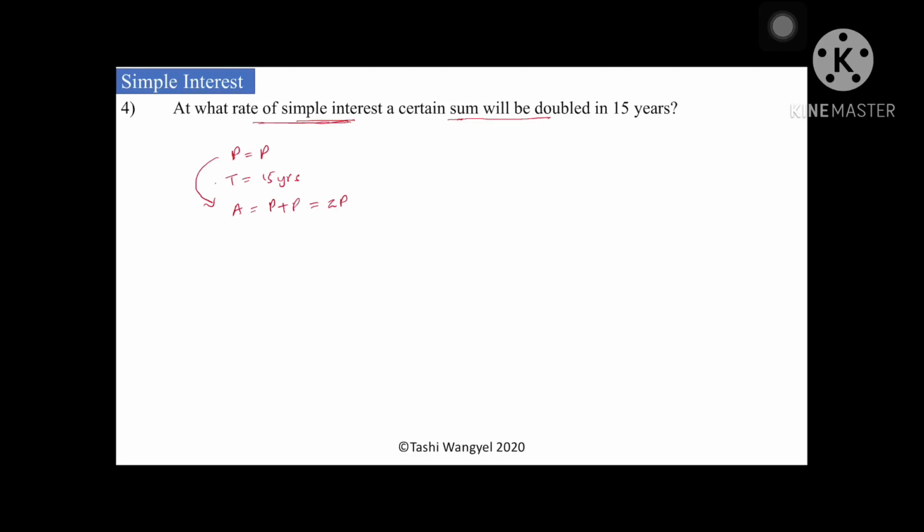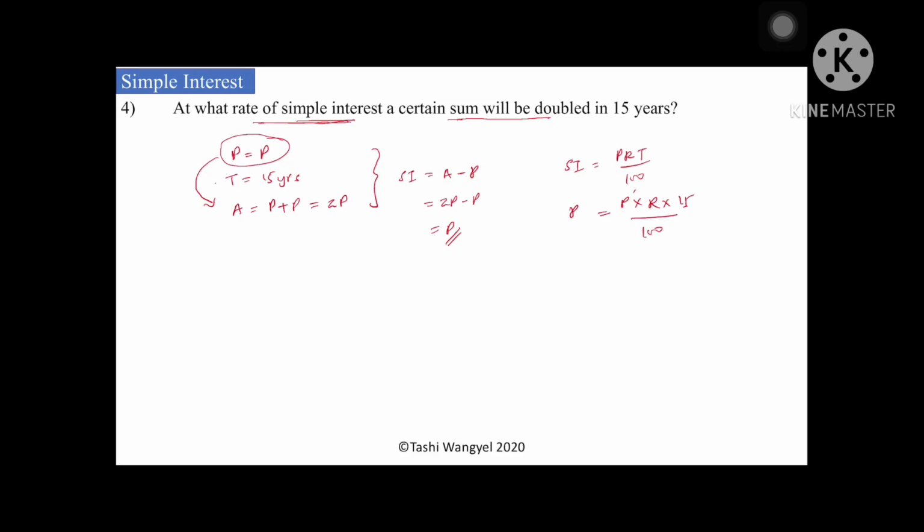For the rate of interest, first the simple interest is amount minus principal, as in the earlier question: 2P minus P, so the simple interest is P. The simple interest is PRT by 100, so P equals P into R into time 15 years divided by 100.